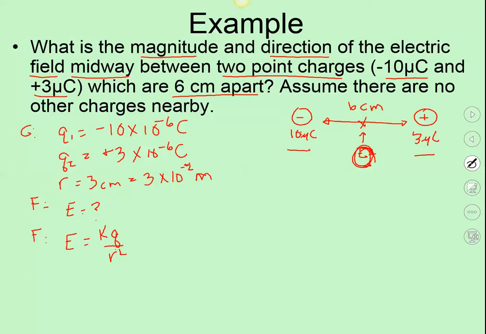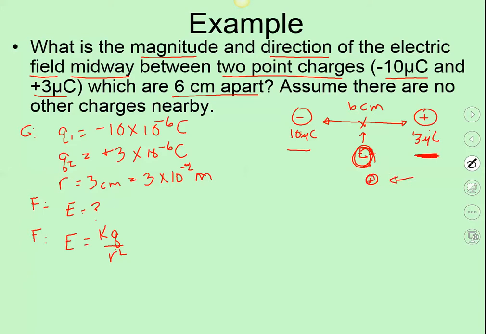And in order to do that, we need to know which direction it is. So remember, the direction of the field is determined by the direction a positive test charge will accelerate when we put it there. So if I am looking at this 3 microcoulomb charge, and I put a positive test charge here, this 3 microcoulomb charge is going to make it accelerate to the left.